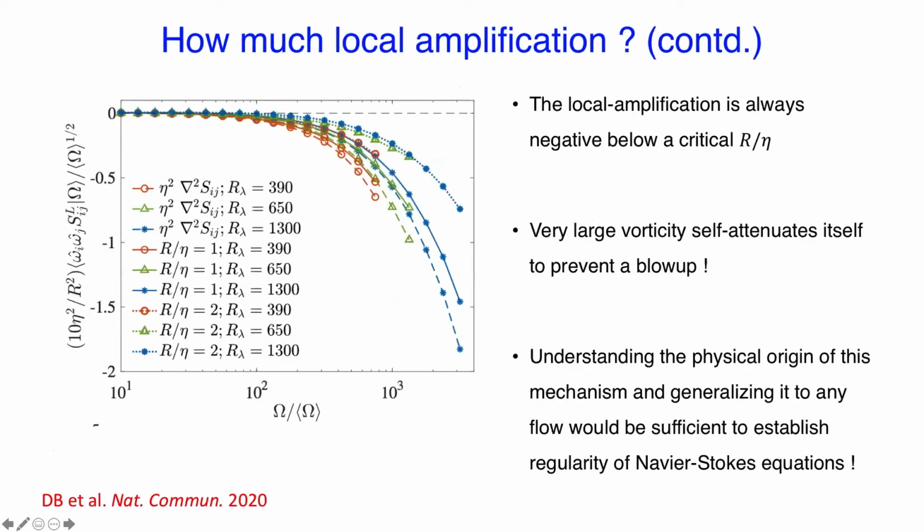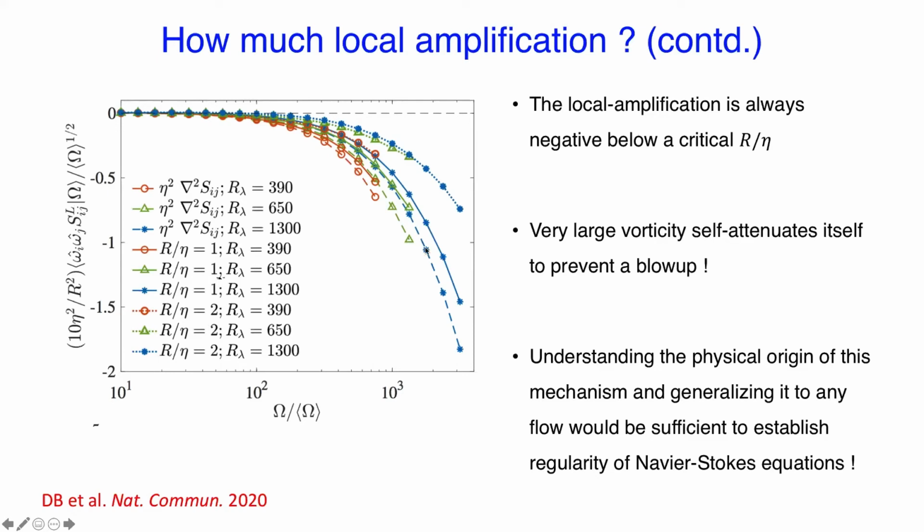So essentially the same result is now being plotted here for a bunch of different Reynolds numbers and some R values. And the main takeaway is that this local amplification term is predominantly negative.